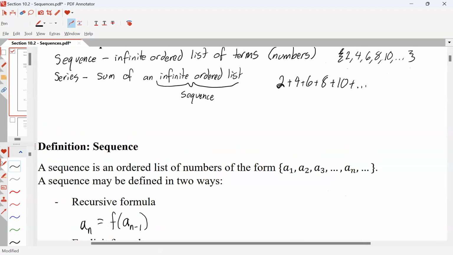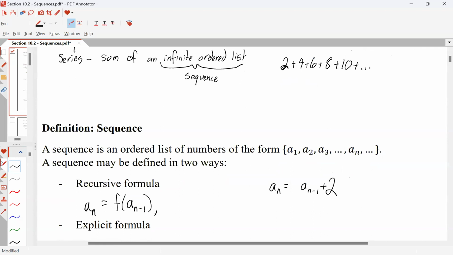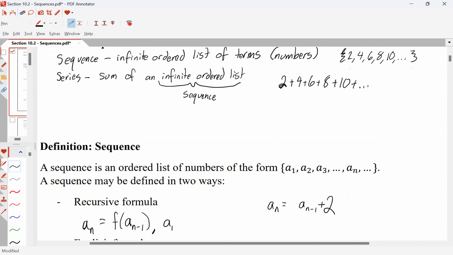Using this 2, 4, 6, 8, 10 example, the rule is that for the next term in my sequence, I take my previous term and add 2. And with recursive formulas, we also need to state where it started. So in this sequence, our first term, a sub 1, is 2. The first term in the sequence is 2.